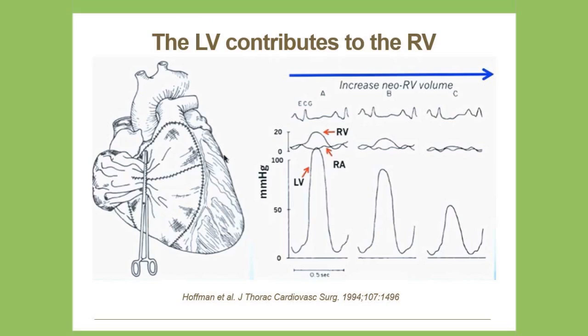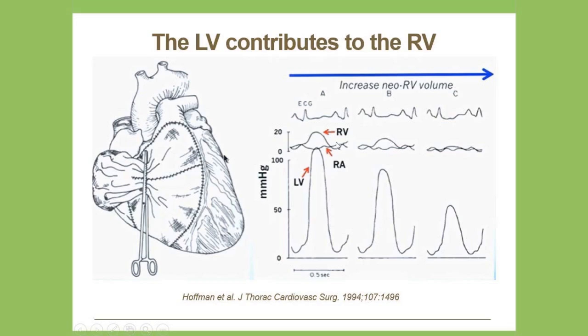This is an experiment of a canine heart, wherein they cut out the right ventricle and placed and sewed in a pericardial patch and clamped it. So on the screen right, as you can see, even without any right ventricle present, LV contraction, if it's normal, leads to some degree of right ventricular pressure generation.